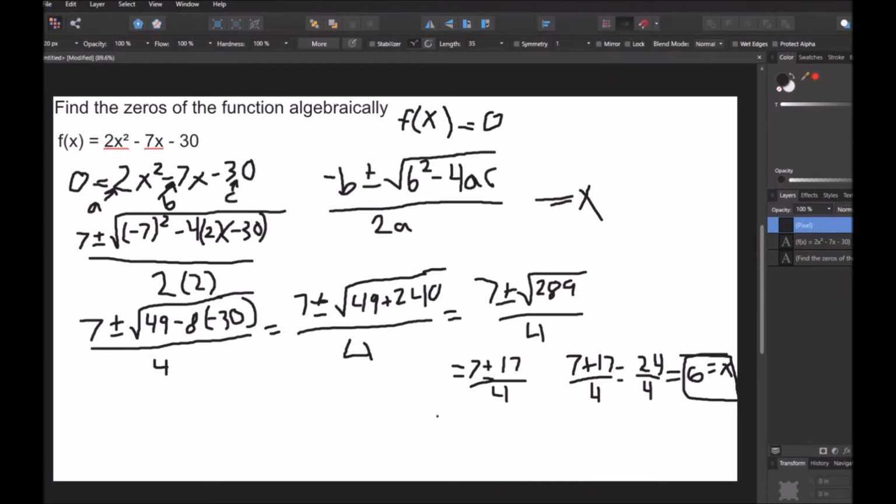And then 7 minus 17 over 4. That's negative 10 over 4, which if we divide both the numerator and the denominator by 2, we'll find that it's negative 5 over 2.